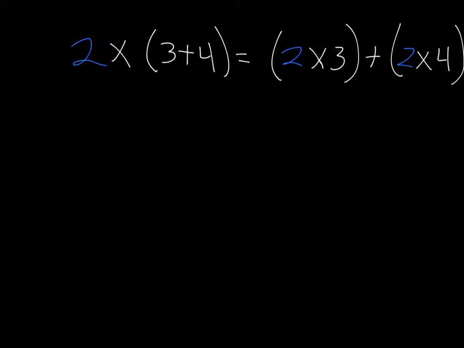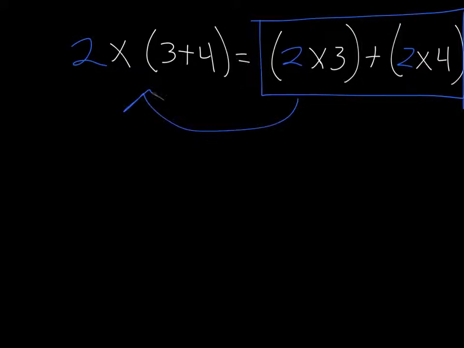And the distributive property says we can rewrite this as 2 times 3 plus 2 times 4. What we're going to be doing to solve mentally is actually working backwards. We're going to start with this side of the equation. So I'm going to give you a problem that looks like this, and you're going to distribute it backwards so that it will look like this and be easier to solve.